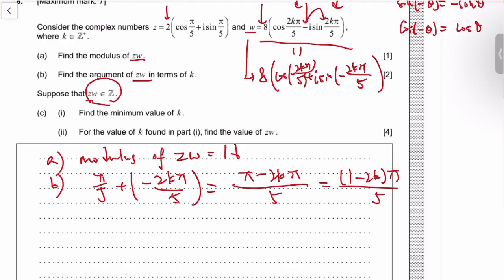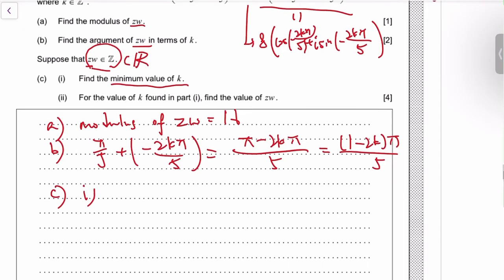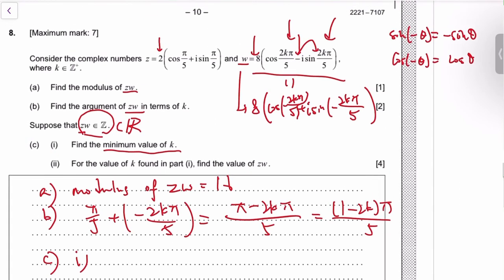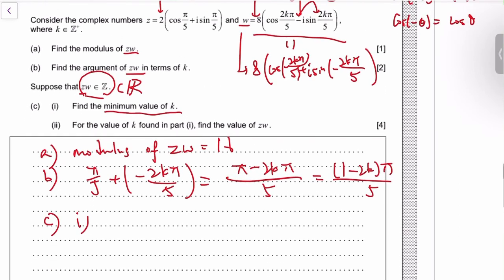You should note that an integer is also a subset of real numbers. So if it is an integer, it also has to be real. So to find the minimum value of k, we'll use the fact that it's real, which means the imaginary part should be 0.